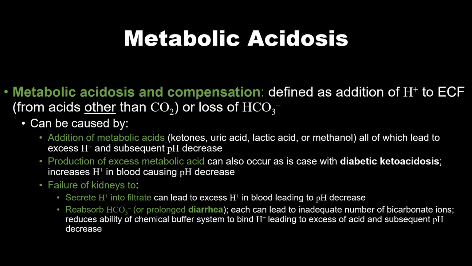And there are a number of different causes, like prolonged diarrhea leading to a loss of bicarbonate through feces, excess production of metabolic acids, like when a person is in diabetic ketoacidosis, failure of the kidneys to reabsorb bicarbonate, or failure of the kidneys to secrete hydrogen, and the ingestion of acidic drugs or toxins like methanol, wood alcohol.